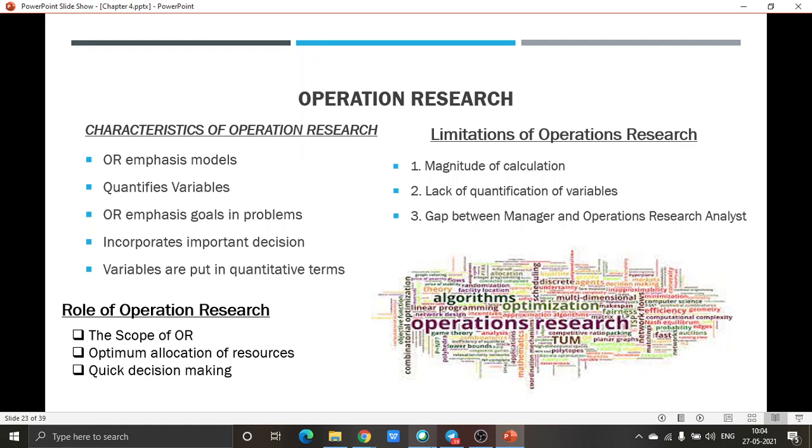Now, operational research contributes in different ways in making very good decisions, especially when several variables are to be considered in a decision. But it should not be treated as the final word in decision making.